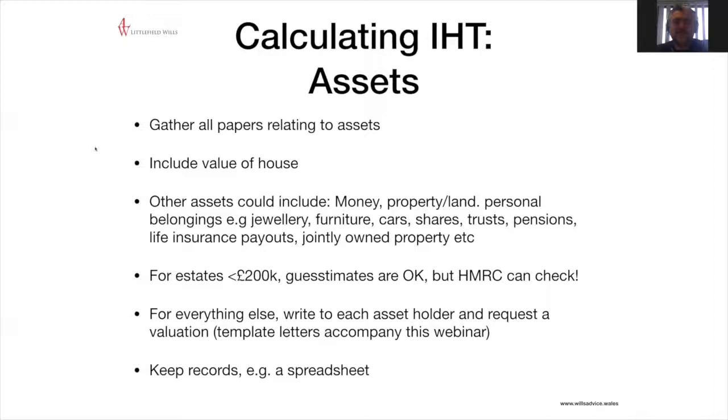For estates up to £200,000, guesstimates will be accepted, but again, I need to stress, you must be realistic. HMRC can check, they can do spot checks, which means they can be entirely random, and if they find you out, they can charge a penalty and interest.